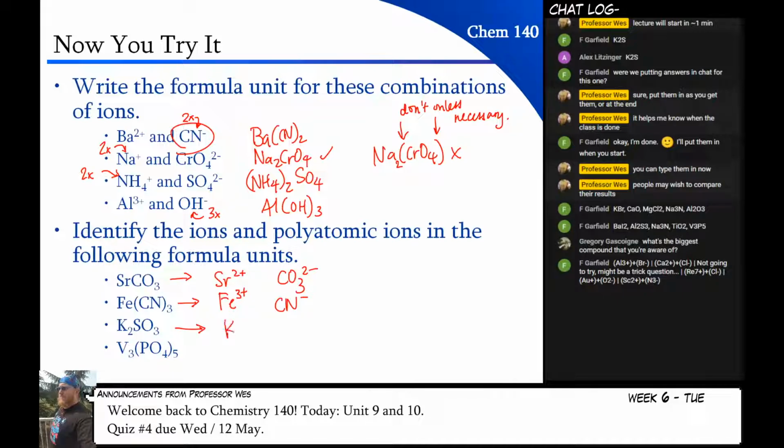Down here, we know what potassium is because it follows the octet rule, and there's 2 of them. So sulfite here must be -2 to balance out that charge. And then we have this crazy nonsense right here. So phosphate is 3-. What must vanadium be?